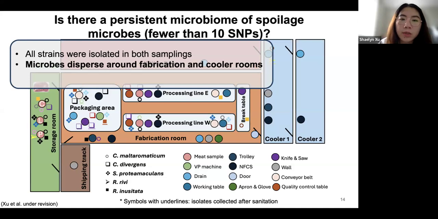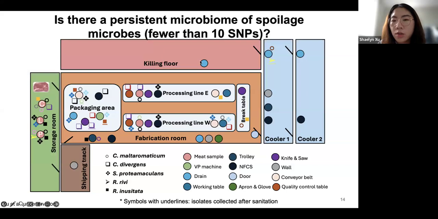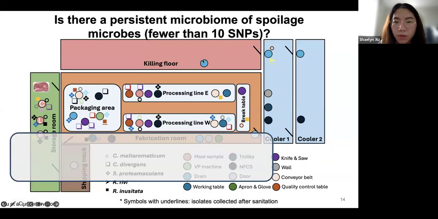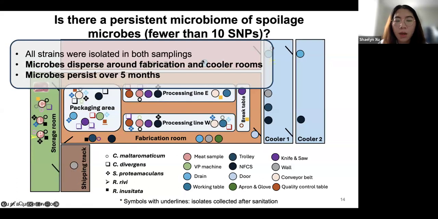The microbes can disperse across the fabrication rooms as well as the cooler rooms. If you take a look at this killing floor, no targeted species has been recovered there. Also, we found the microbes can persist over 5 months.